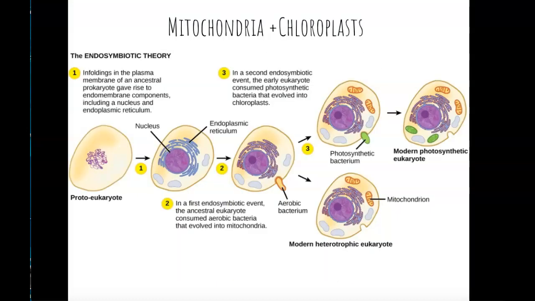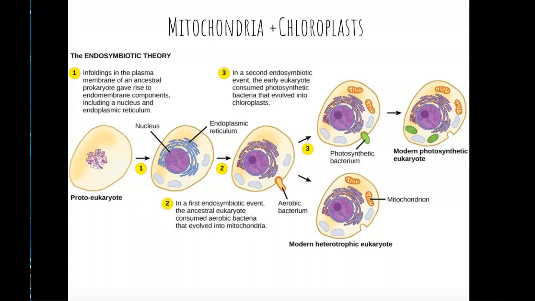The rest of the endosymbiotic theory explains how cells were able to evolve to have mitochondria and chloroplasts. Remember that the first step was an infolding of the plasma membrane of an ancestral prokaryote, and that gave rise to the endomembrane components, including a nucleus and an endoplasmic reticulum.